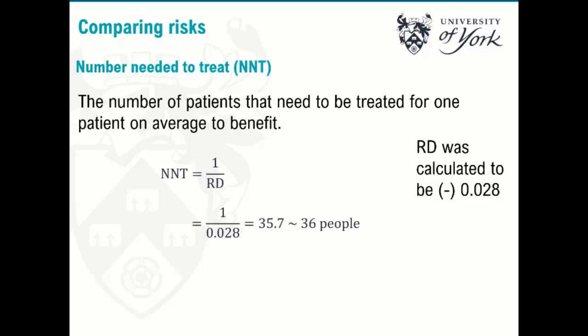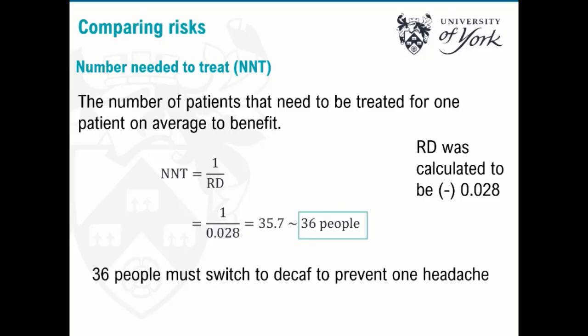So if we calculate the number needed to treat, it's 1 over 0.028, which is 35.7 approximately, which we can then round up to 36 people. So we can say that in order to prevent one headache, 36 people must switch to decaf.